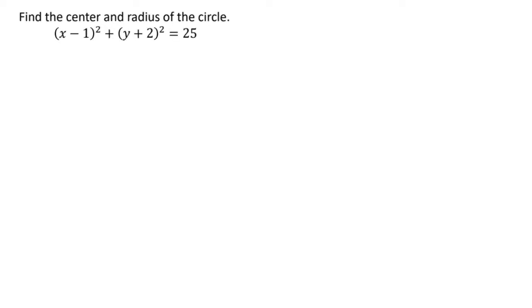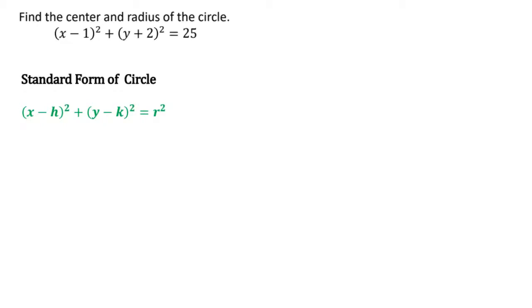On this one, they're giving us the equation in standard form, and they want us to find the center and radius. So hopefully we can see that if we understand the equation of the circle. The standard form of a circle again is (x minus h) squared plus (y minus k) squared is equal to r squared, where (h, k) is my center.